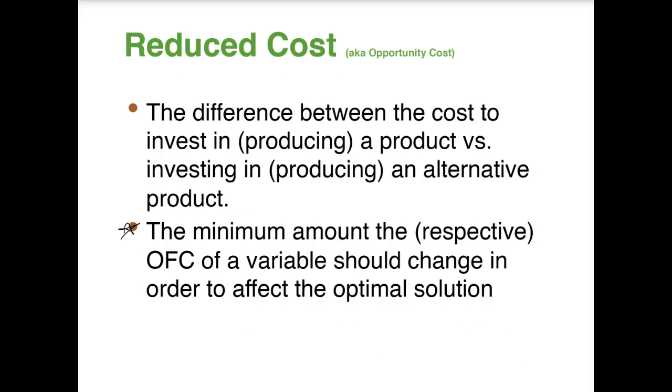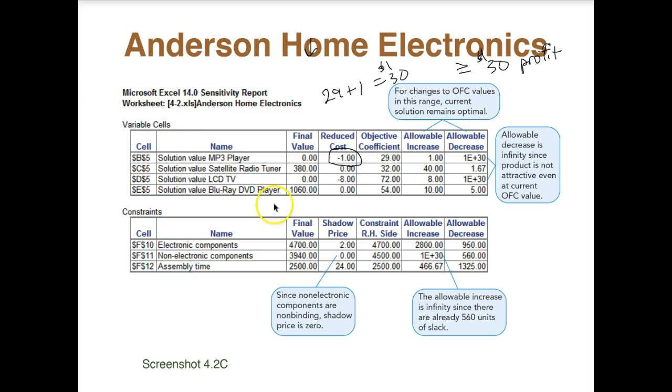Now, of course, our sensitivity report tells us that. So here, to keep this same amount, 1,060, we know that our range here is going to be $54, and here is our allowable increase and decrease, okay? So we know that our profits are allowed, and I'll just come down here.